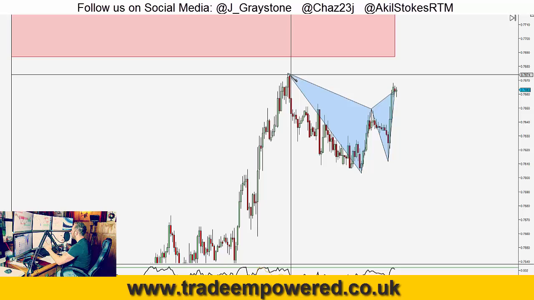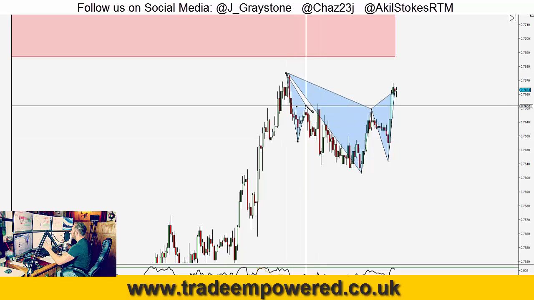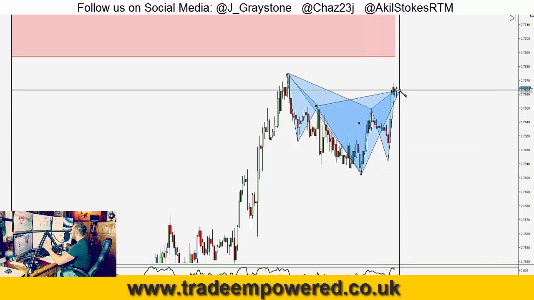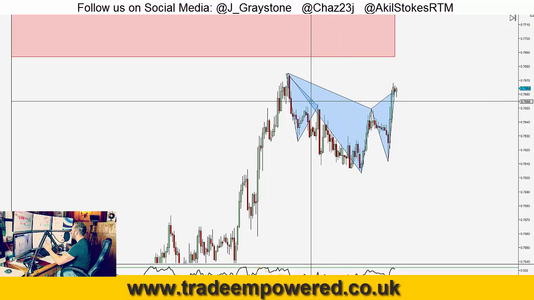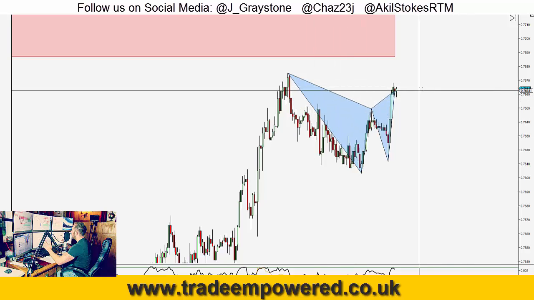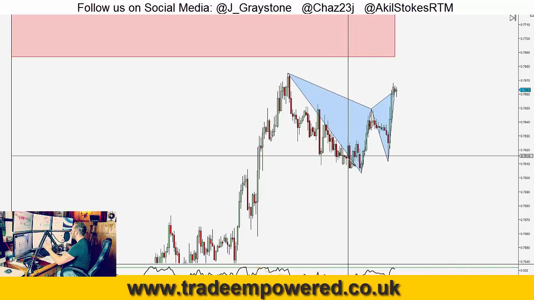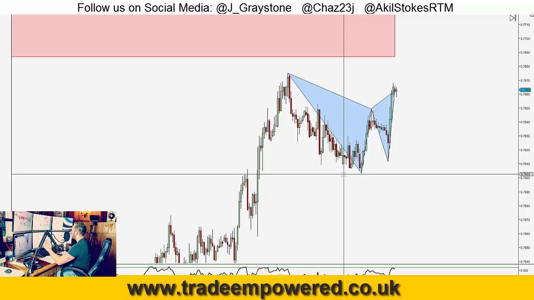And for anyone that uses Constellation, I think Constellation is showing a CYPHER formation in here somewhere. It wouldn't be a valid CYPHER for me, but it does complete at the same area. So two potential patterns completing in the same price level, which makes this a decent high probability trading opportunity.